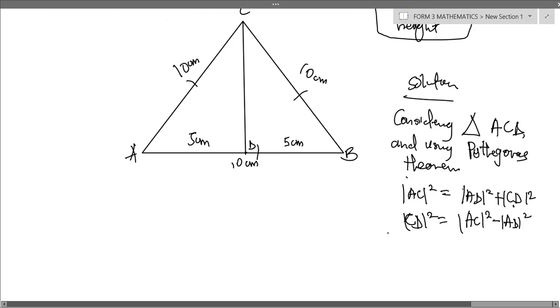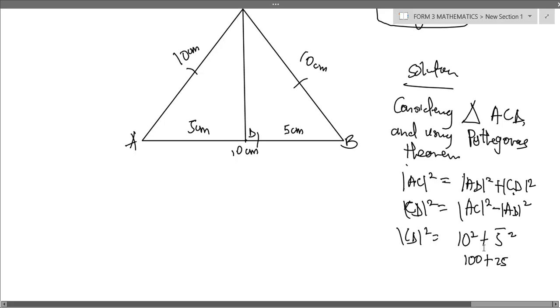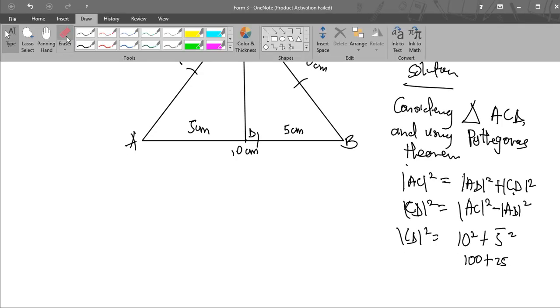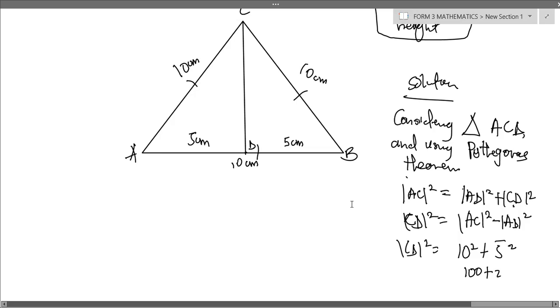So what is our AC? 10 squared, right? Plus this one becomes our 5 squared. We are going to get 100 plus 25. Sorry, minus. Let me just reverse.